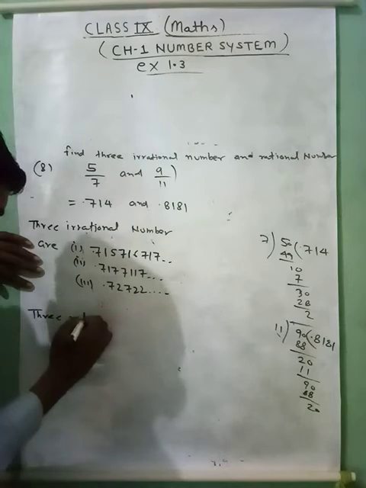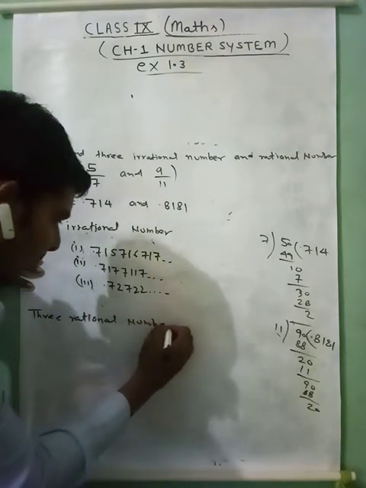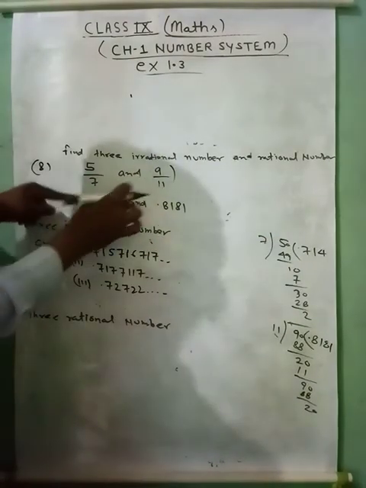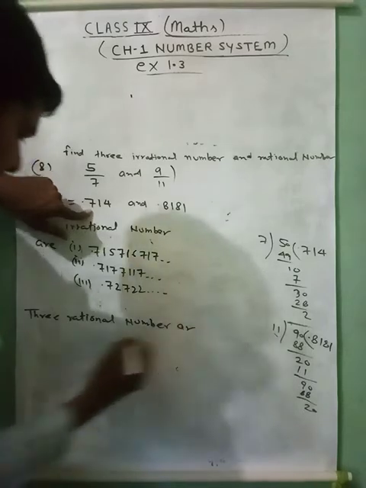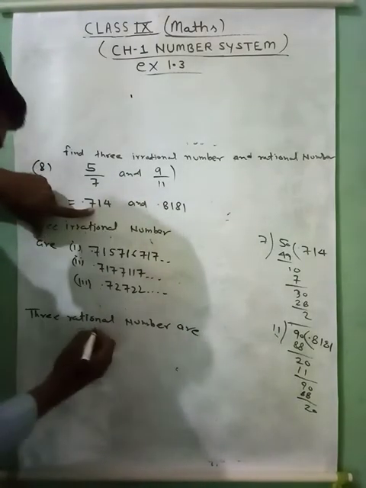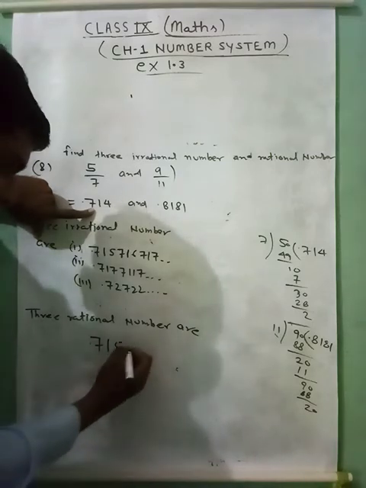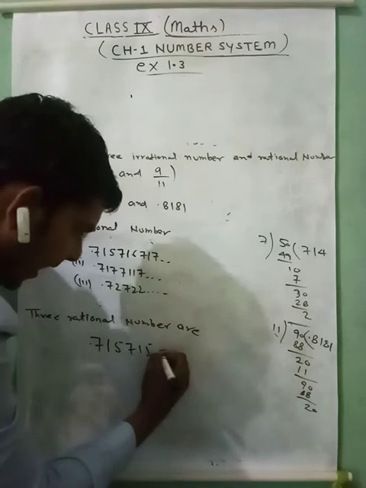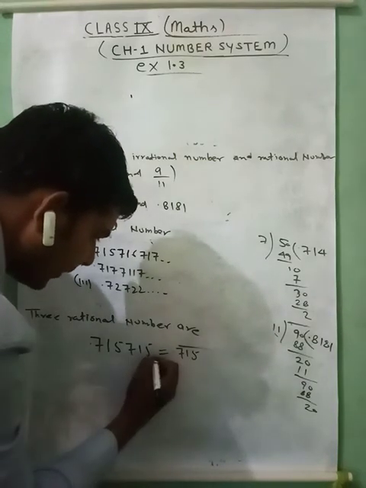Now if it's asking to find 3 rational numbers between 5 by 7 and 9 by 11, the first rational number is 0.715715, 715 is repeating, so we can write 0.715 with a bar, and so on. It is repeating.